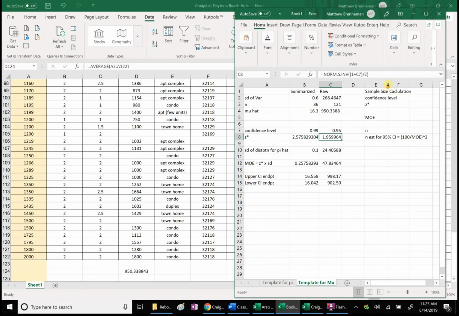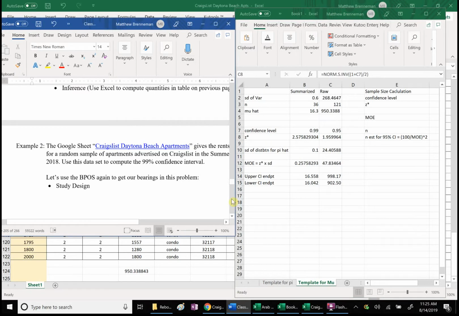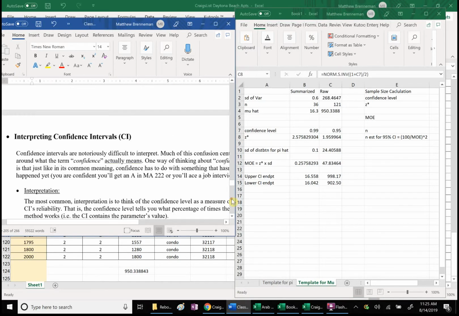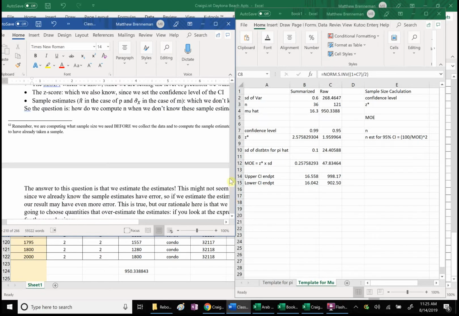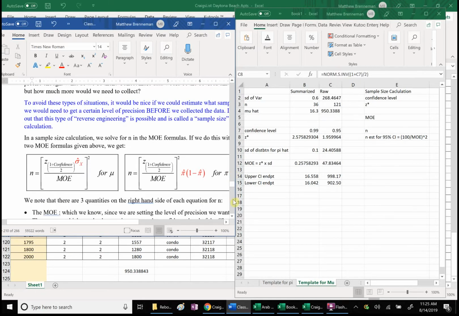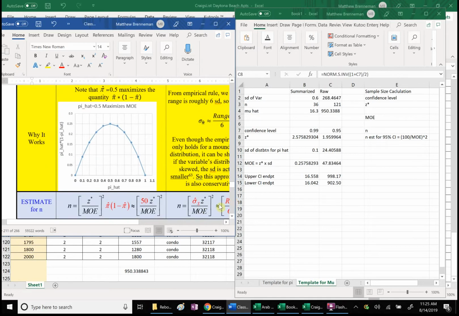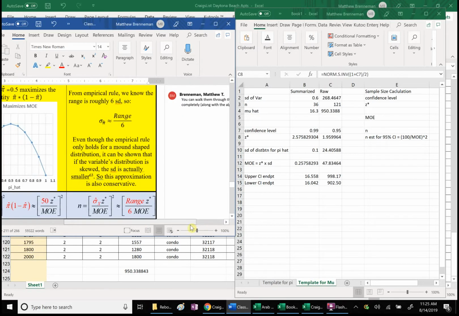Let's do a quick sample size calculation. There's a problem in the book. We'll just do that really quick. We notice what our sample size calculation formula is down here. You could take the estimate for the standard deviation, or you can use the range.